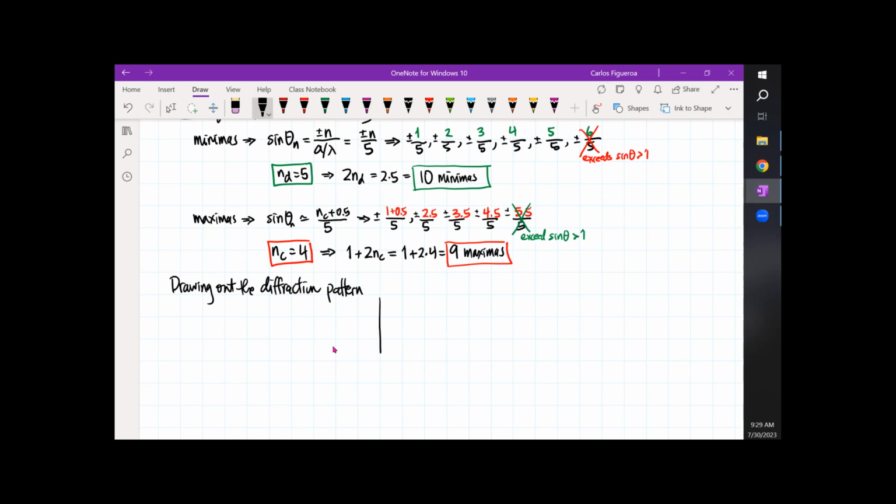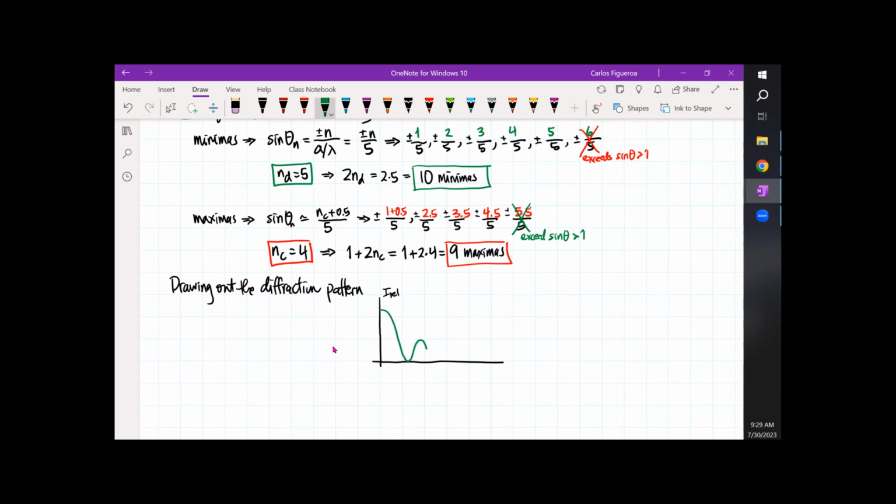I'm going to be looking at the intensity function, the relative intensity. Then I start to look at this, and I have to go where? I have to have 4 minimas. No, not 4. We have to have 5 minimas.